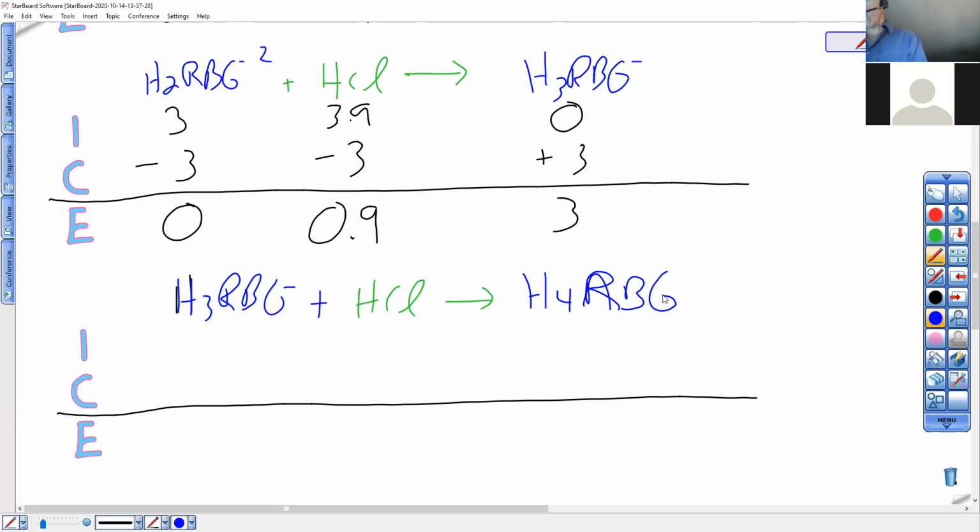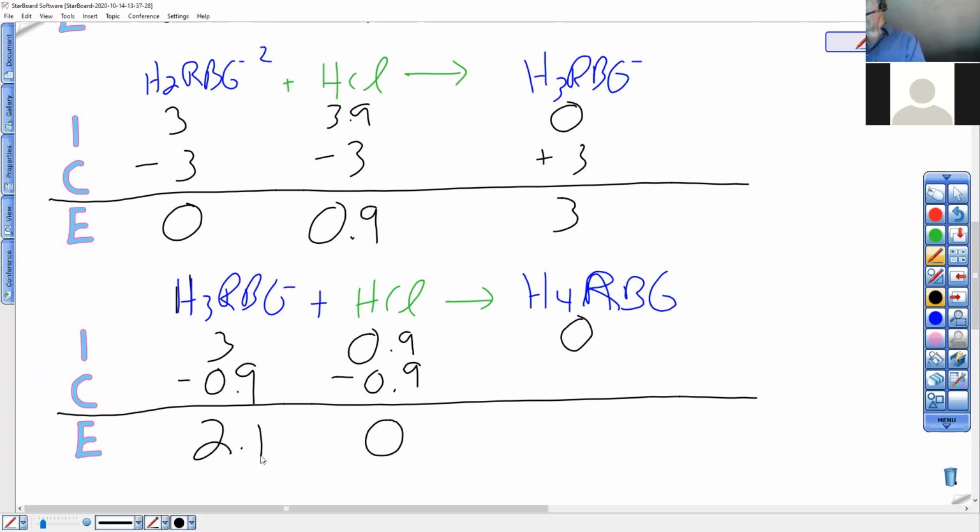And we started with 3 of this one. Started with 0.9. Which one's limiting now? HCl. You know this is the last ice because you're down to 0 moles of strong acid. You're reacting 0.9 of this, you're left with 2.1. You're creating 0.9 of this.